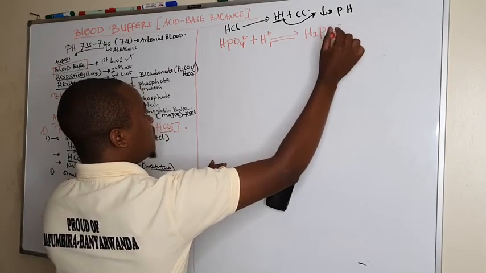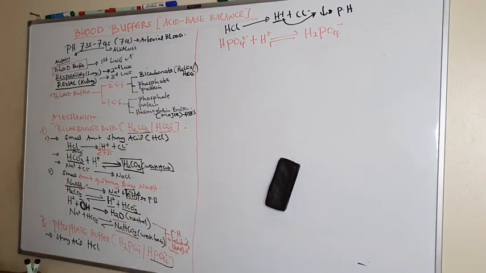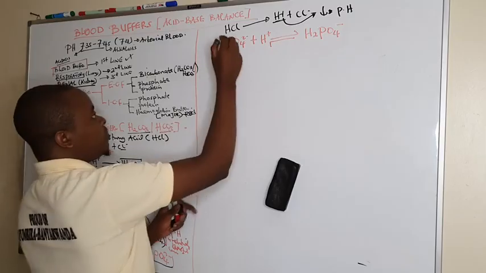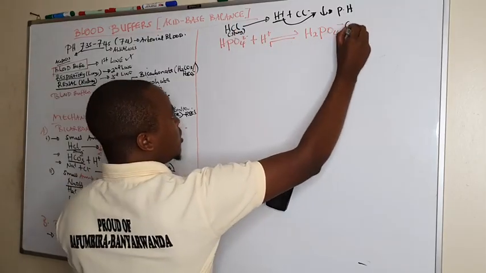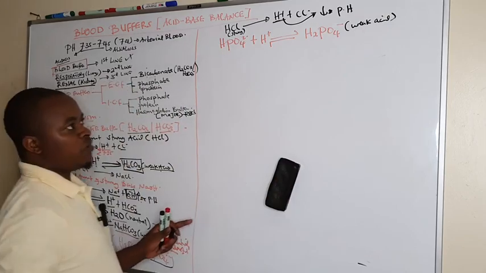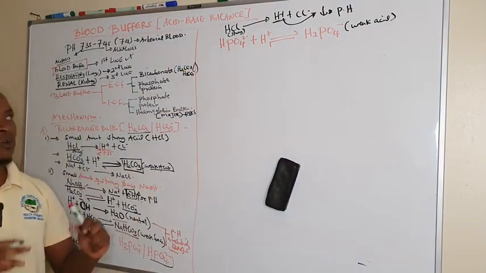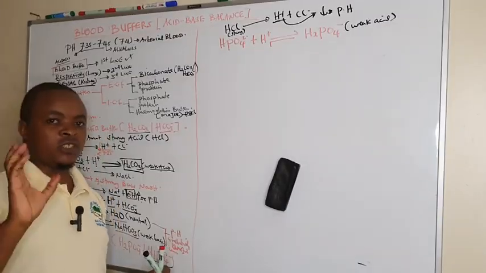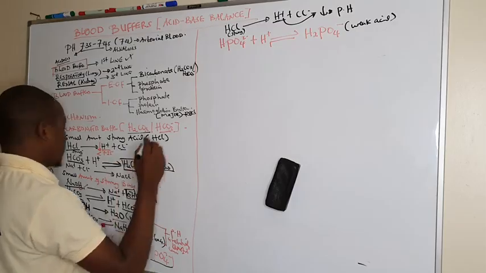So in the long run, we have replaced a strong acid with a weak acid. And this will enable us to keep the pH relatively constant, because weak acids do not change the pH so much.